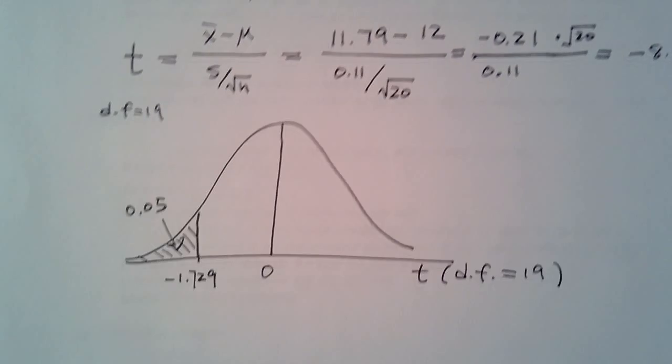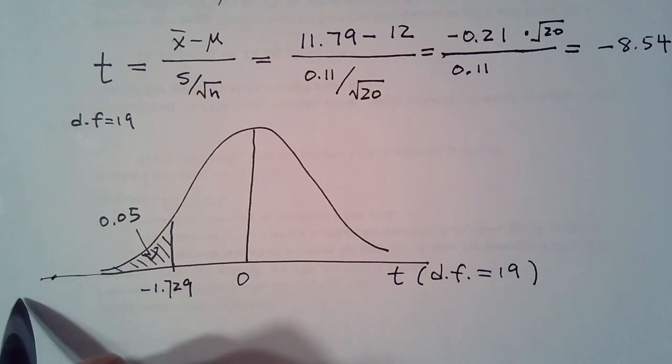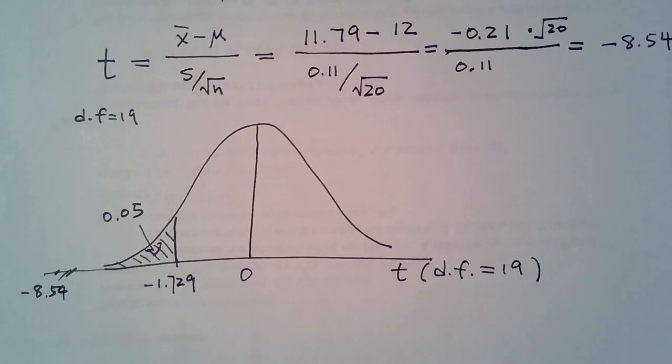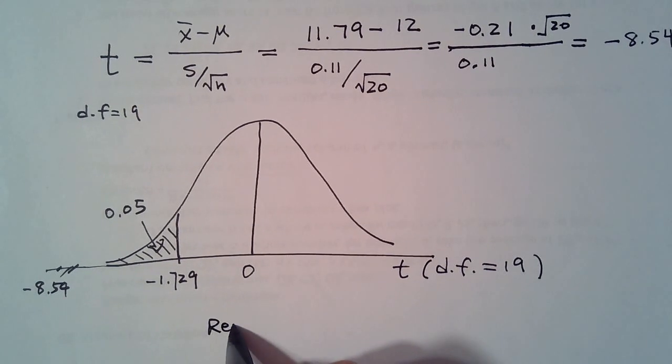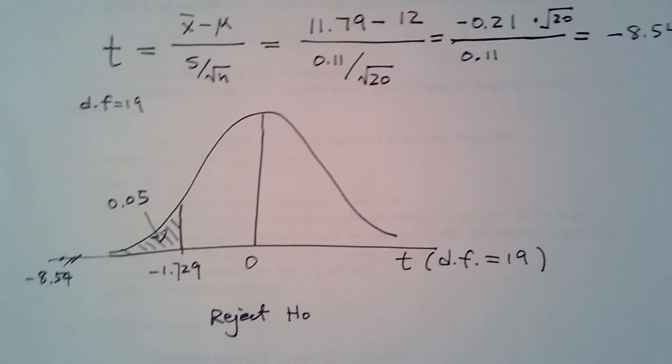My test statistic is negative 8 point something, so it is in the rejection region. It's somewhere here, 8.54. So you're going to reject H0.